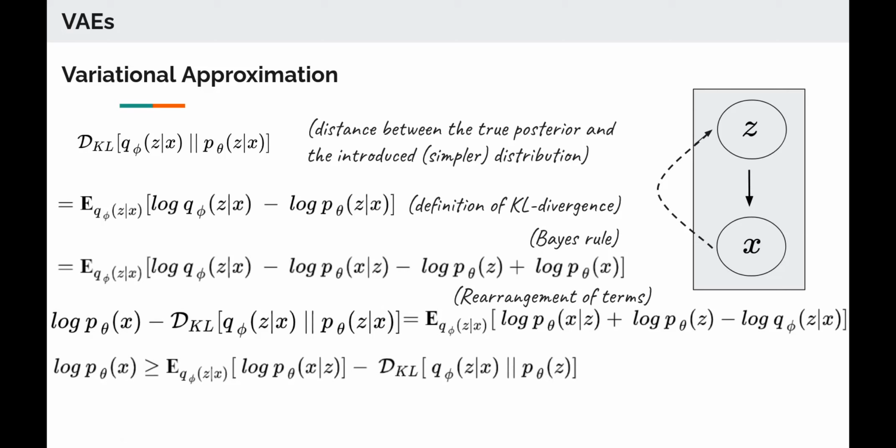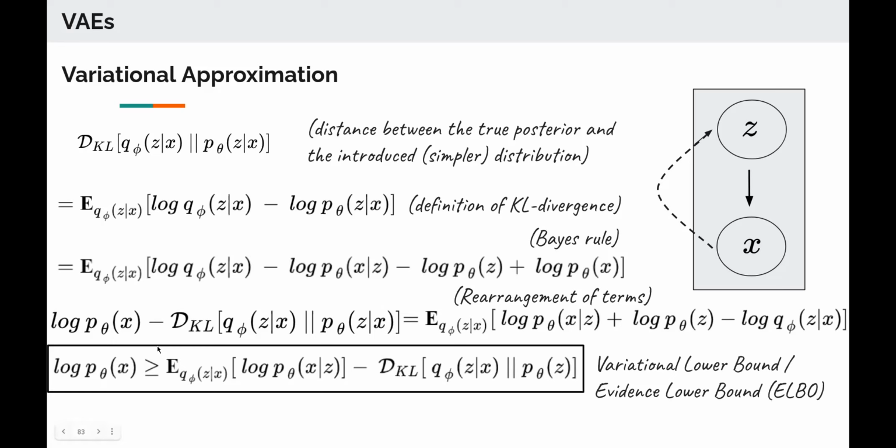Okay, and notice that if the thing on the right hand side is a lower bound with respect to log px, if I maximize the lower bound, I'm actually pushing log px up also. Okay, so it actually makes sense to maximize a lower bound. So what we do in VAEs is we maximize the thing that we have here, and therefore this is known as the variational lower bound or the evidence lower bound. So variational because we use this variational trick.